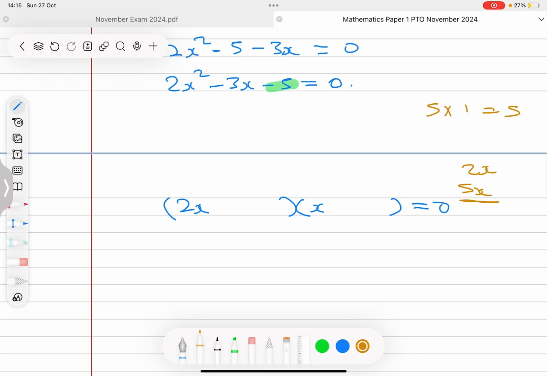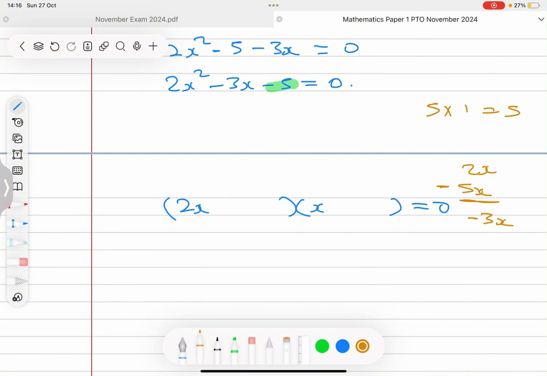Now, can I combine these two so that I get a negative 3? Yes, I can. If I make the 5 negative, then if I say 2x minus 5x, I'll end up having negative 3x.